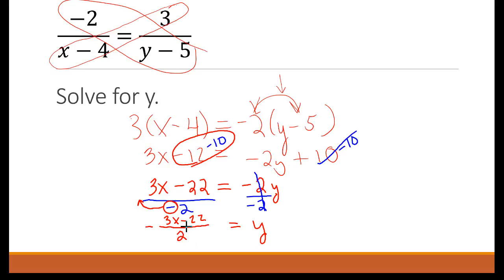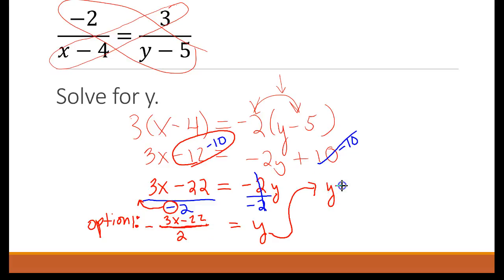However, if you decide to write it another way, here are your other options, okay? So this is option 1. Alright, negative right next to that line. Okay, 3x minus 22 over 2.